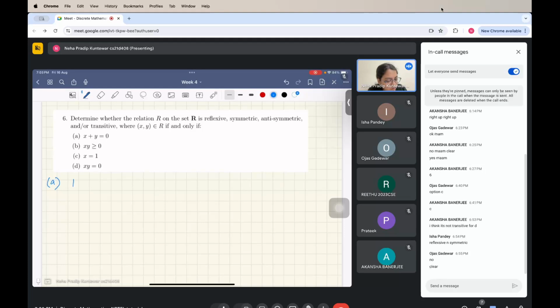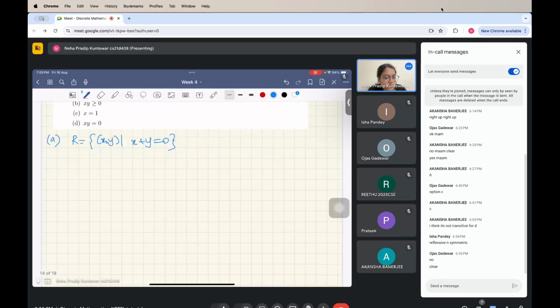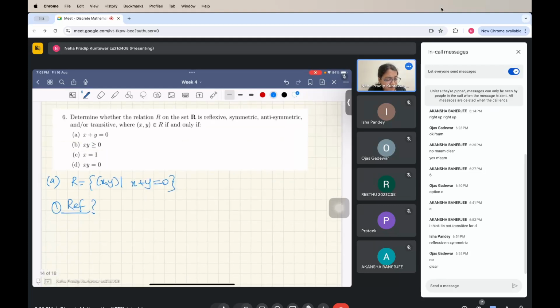So this is the set of all x y such that x plus y is equal to 0. So the first question is, is this reflexive? For this to be reflexive, you would have to have that x plus x is equal to 0, and this can only happen if x is 0.